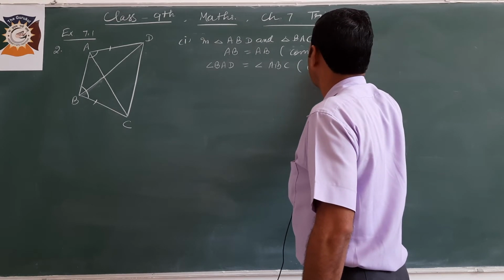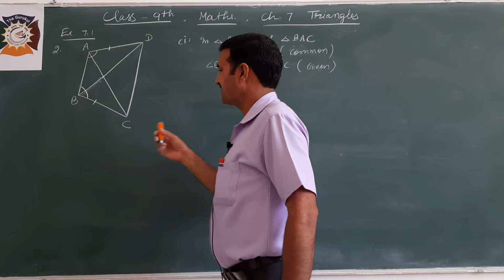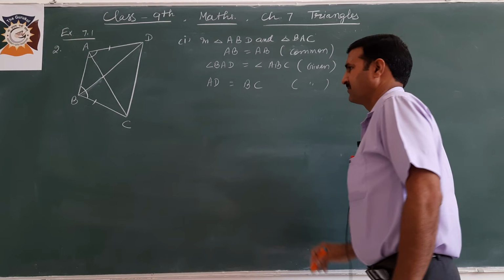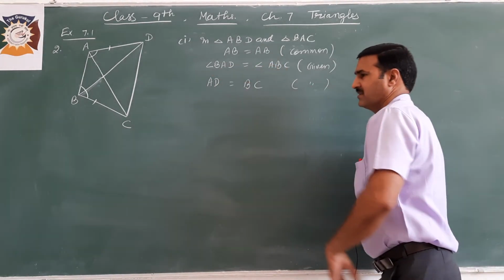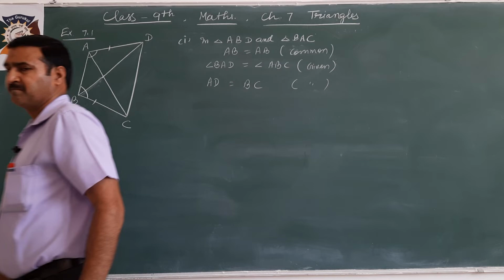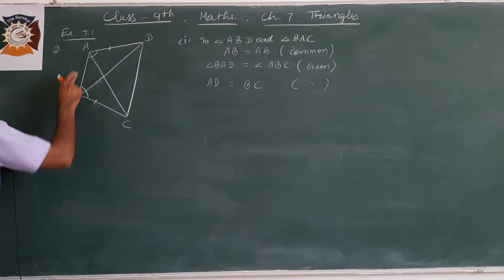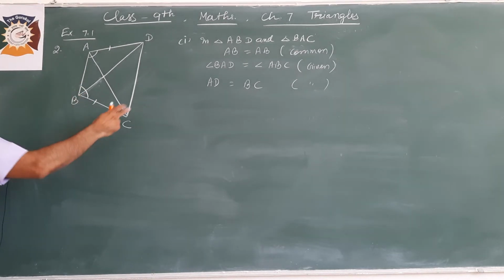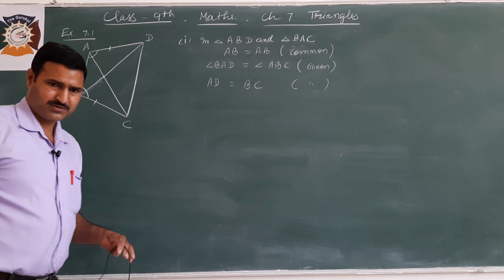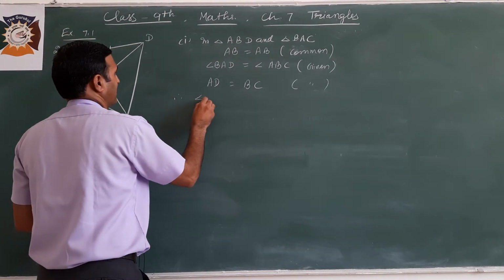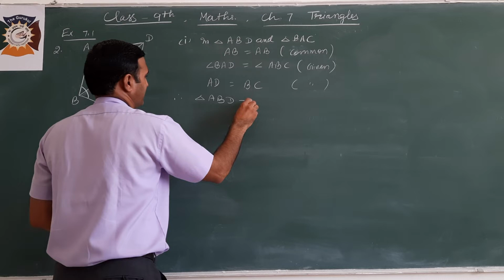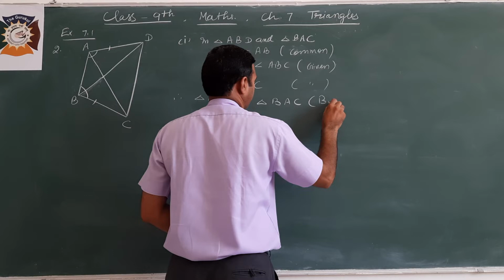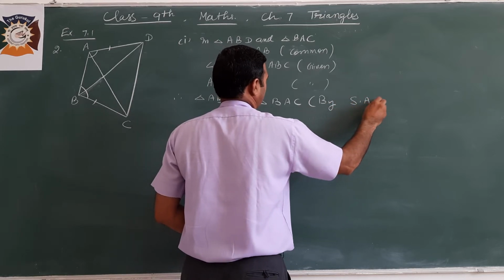It's given, and AD is equal to BC. It's given. Now look at the parts and figure. I have taken side, then angle, then side, and in this one also, side, angle, side. So the criteria is used. Triangle ABD is congruent to triangle BAC by side, angle, side.